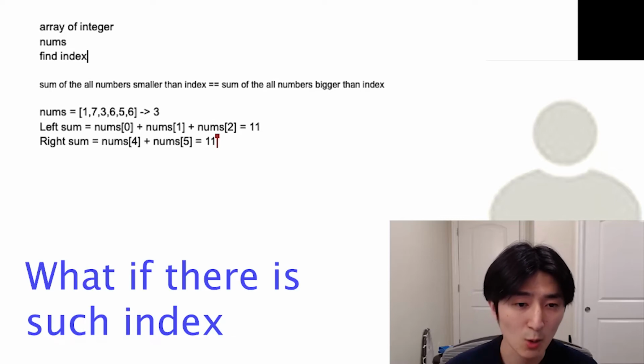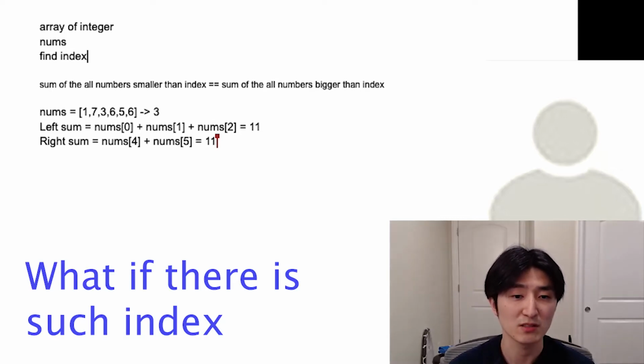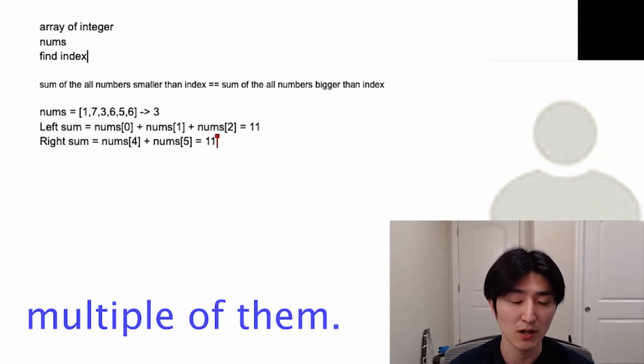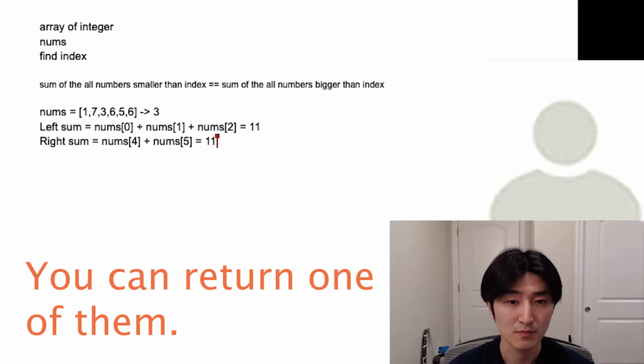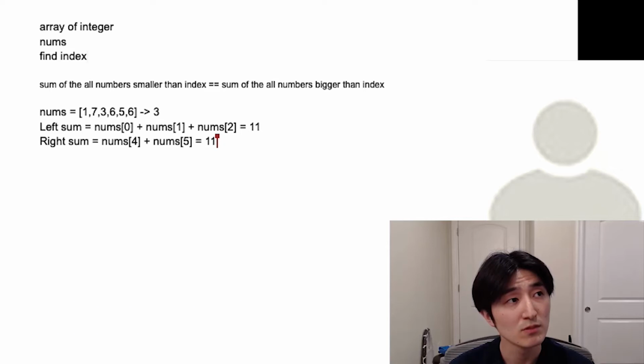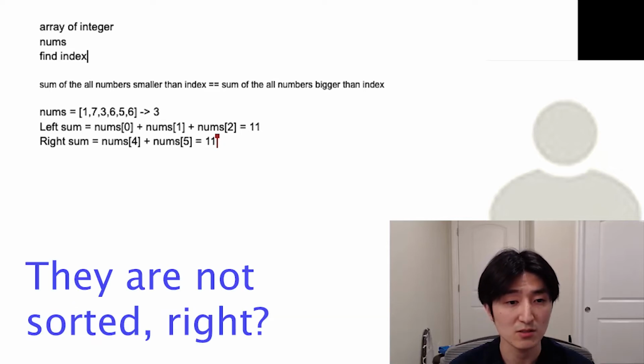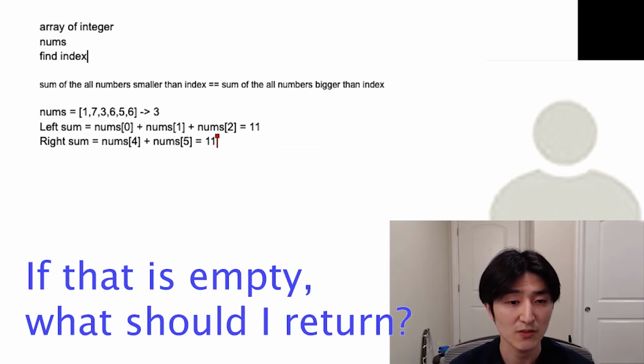Okay. What if there are multiple such indices? You can return one of them. And they are not sorted, right? Yes. And if there is none, what should I return?